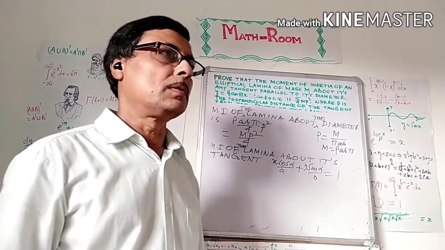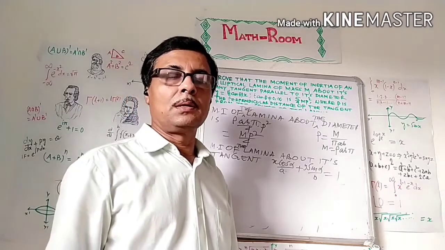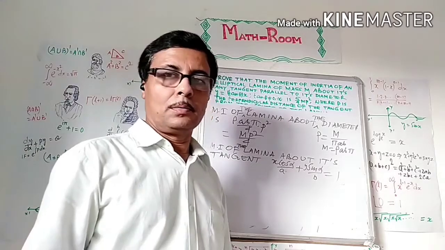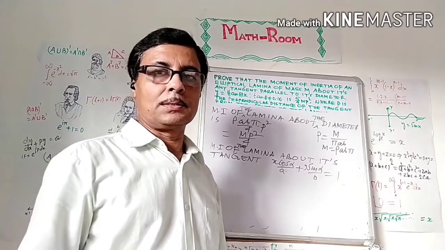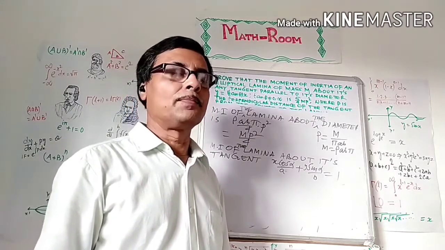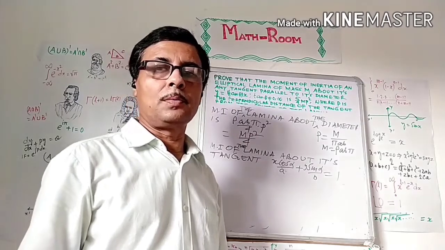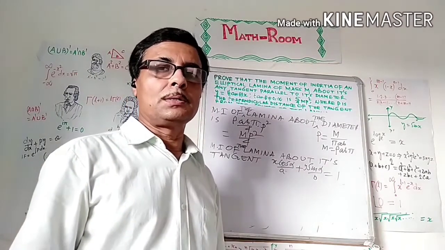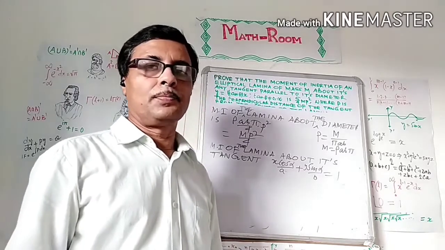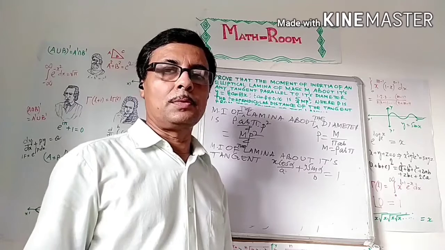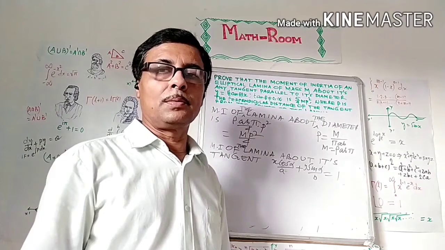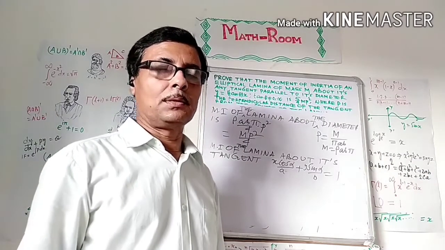The theorem states that the moment of inertia of the body about the parallel axis, which is not passing through the center of gravity, is the sum of the moment of inertia of this body about its axis passing through the center of gravity, plus the product of the mass and the square of the perpendicular distance of the center of gravity from the other axis.